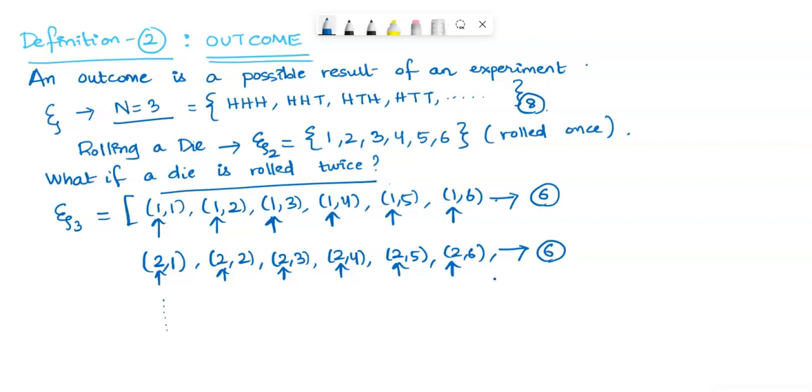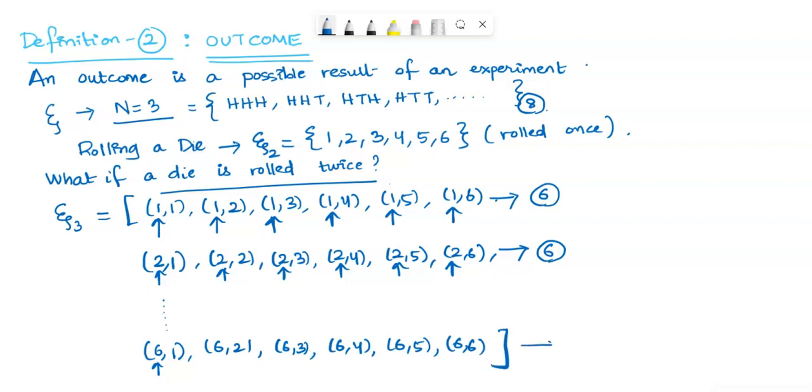Similarly, if we go on, when the last set of outcomes where we have 6 as the first instant and we varied the second one, 6,3, 6,4, 6,5, 6,6. Here also we have 6.